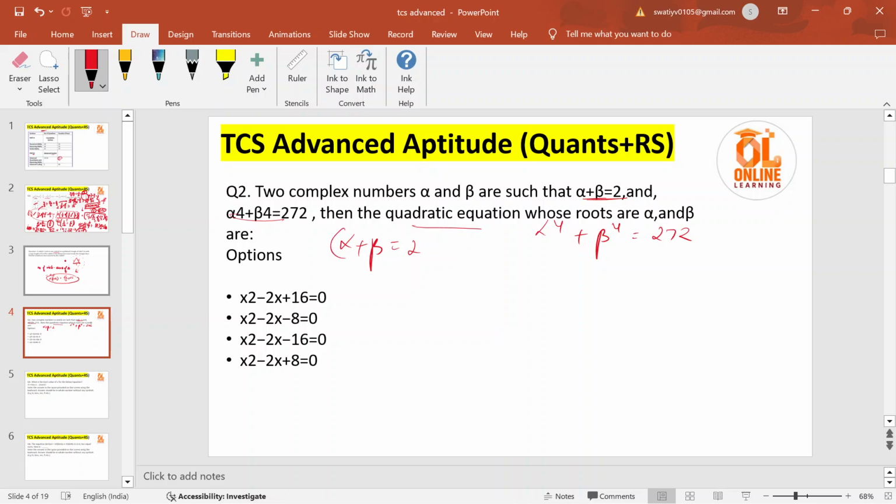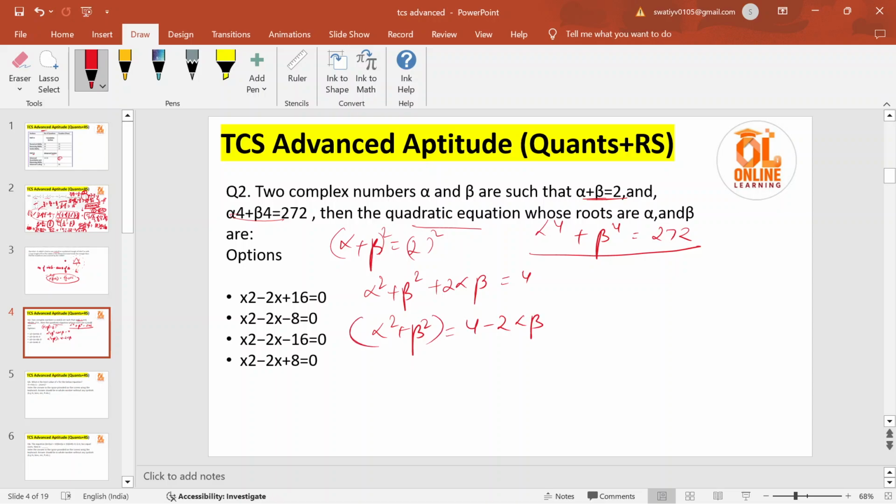So from here, if I square both sides, this becomes alpha square plus beta square plus 2 alpha beta is equal to 4. Now here I want alpha to the power 4 plus beta to the power 4, so that I can use this value. So alpha square plus beta square is 4 minus 2 alpha beta, and I square again on both sides.